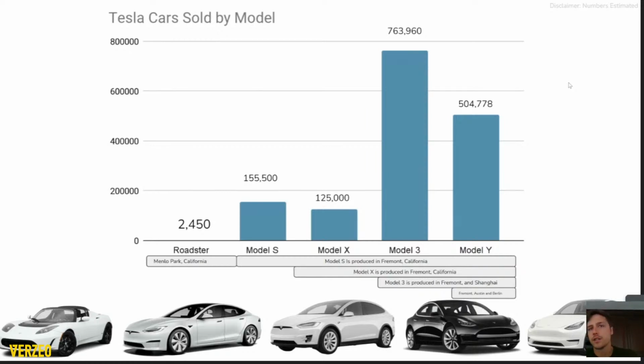That means your profit margins are going up and your cost of goods sold is going down. So Tesla is able to make sedans, which are one of the lowest margin vehicles, but still achieve a really good profit margin because of automation, the factory layouts, efficiency, and these economies of scale.